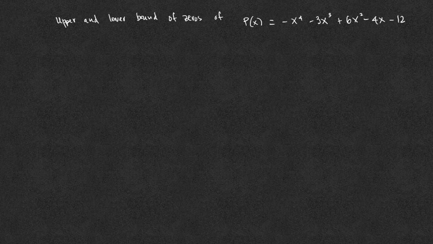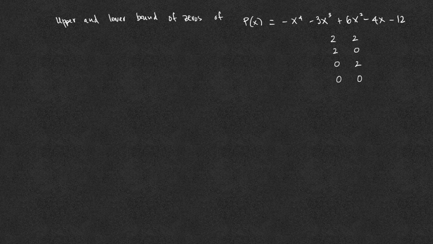In a separate video, we checked the possible positive and negative zeros of the polynomial using Descartes' rule of signs, and we saw that this polynomial can have either two positive real and two negative real, or two positive or zero negative real, zero positive or two negative real, or it can have zero positive real or zero negative real. In this case, we're going to check the upper and lower bounds of the zeros of the polynomial.